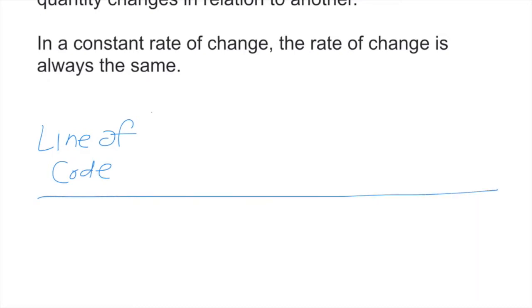And because I'm really good at it, I can charge how much I want for every line of code.